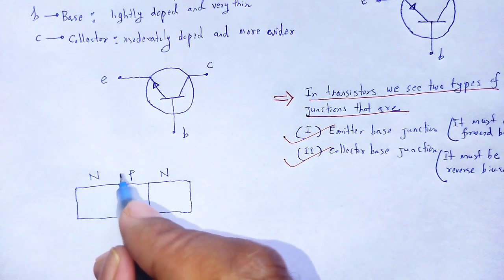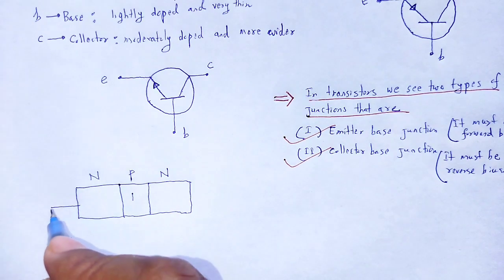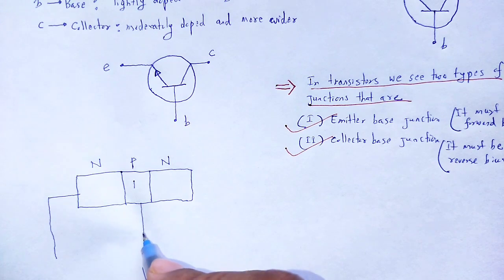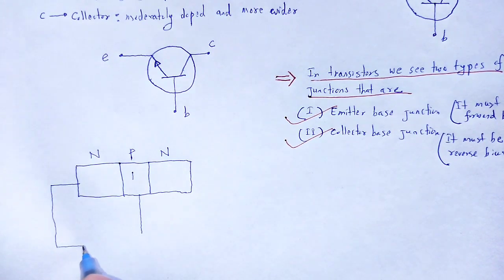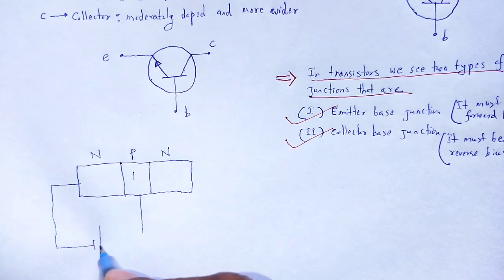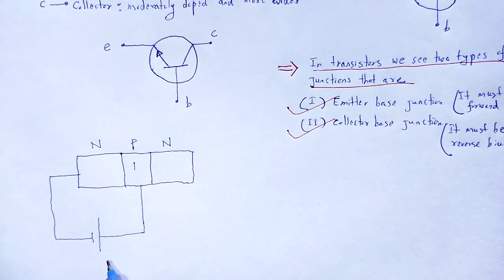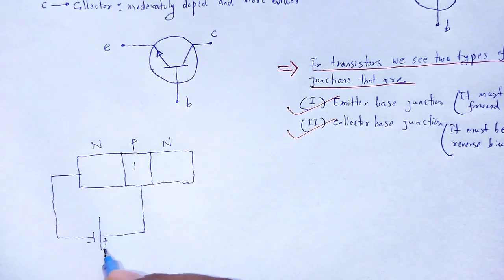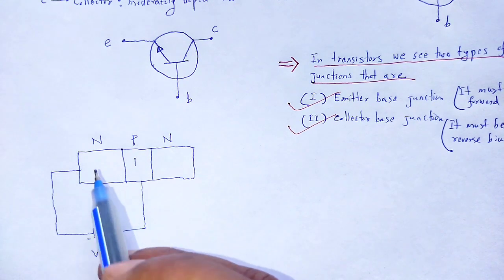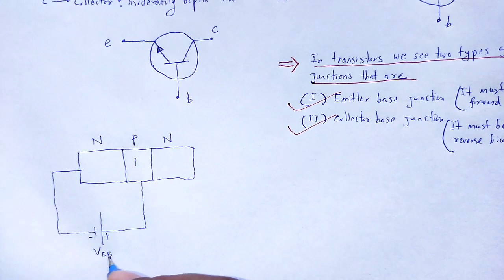Here are the emitter, base, and collector. The emitter base junction is forward biased. N type is connected to the negative terminal, P type is connected to the positive terminal, and that voltage source is defined as the emitter base junction voltage, VEB.